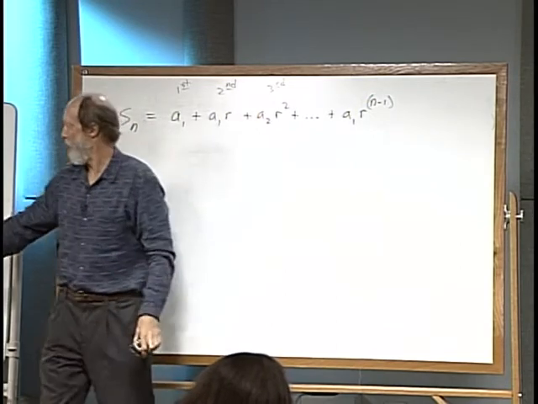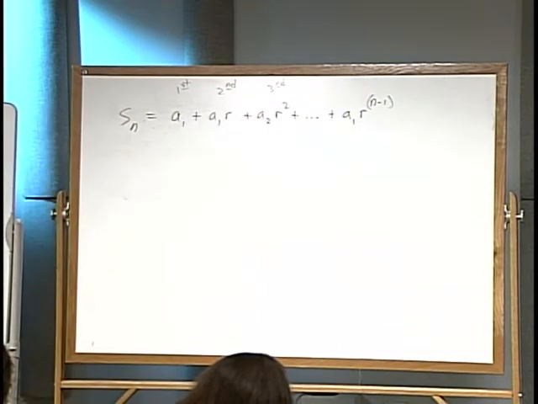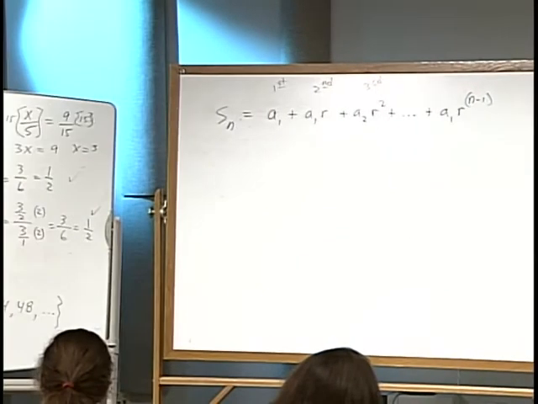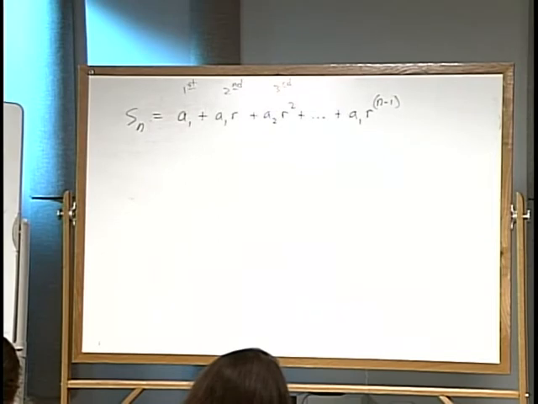Notice the pattern in our example that the power of the common ratio is 1 less than the term you're on, everywhere. That led us to this generalization here. So the exponent on the common ratio is going to be 1 less than the term that you're on.